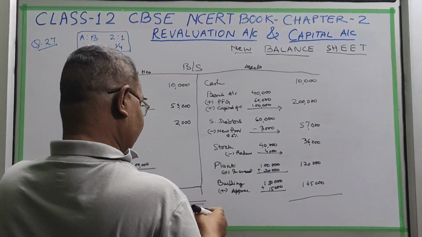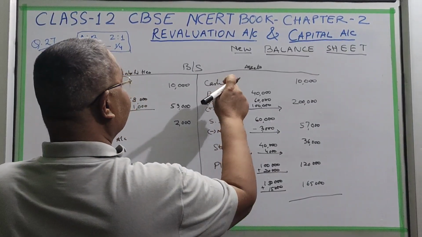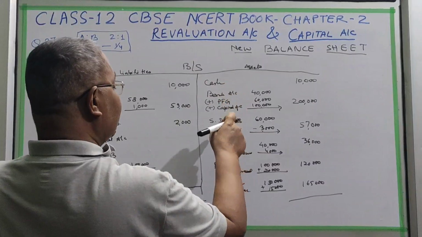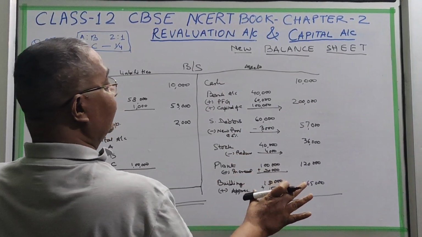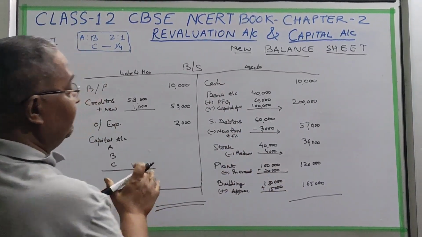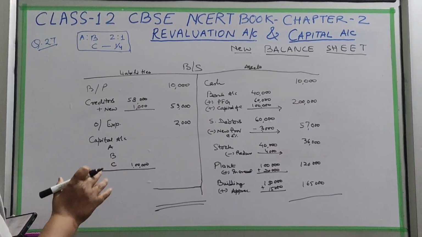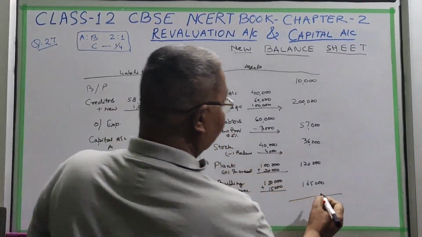So this side, whatever is the serial of the old balance sheet, you go on writing, you will not miss anything. Otherwise, you may miss some figures. Now we will make a total.